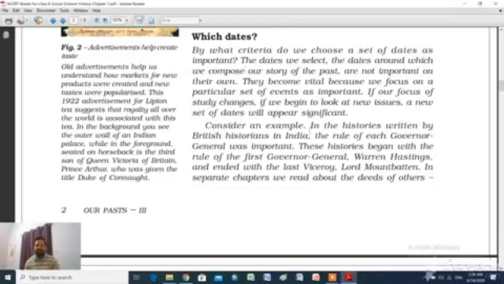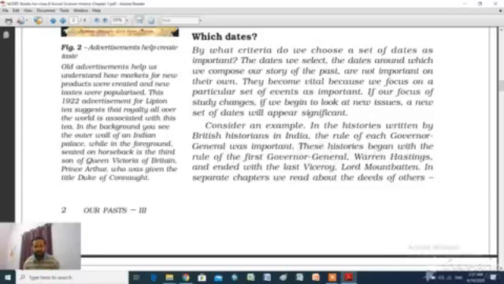For example, in the history written by British historians in India, the rule of each governor was important. Look at this. The British historian always mentions their interest, but the Indian historian mentions our history. This history began with the rule of the first governor general.